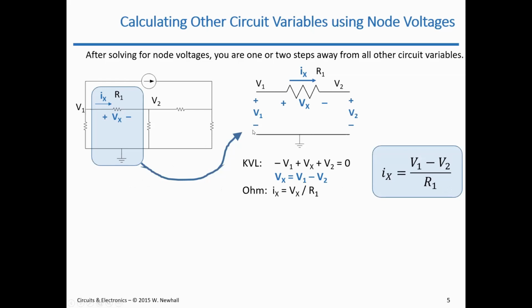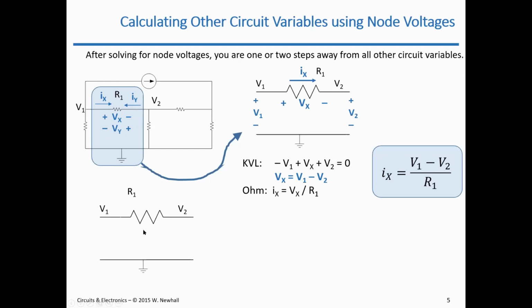And here's what it says: the current leaving from V1 to V2, that's what Ix is, is (V1 minus V2) over R1. From V1 to V2, V1 minus V2 over R1. So let's put that on hold to the side, and let's then calculate the voltage and the current with the opposite polarity and the opposite reference direction, respectively.